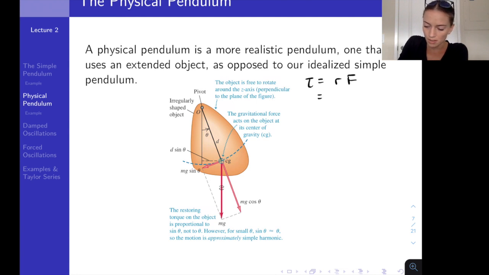So R is D, and then our restoring force is again the tangential component mg sine theta. It's also in the negative direction because our torque is directed into the page. And then we're going to replace torque by I times alpha.